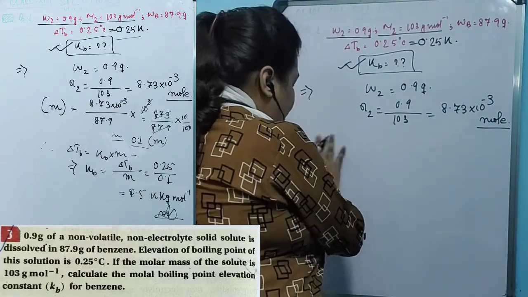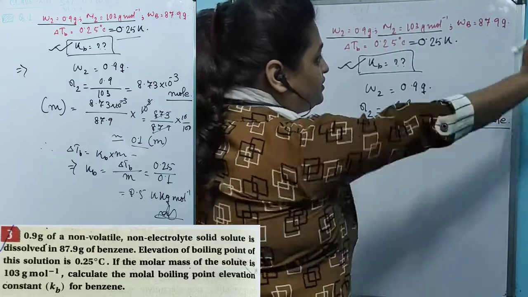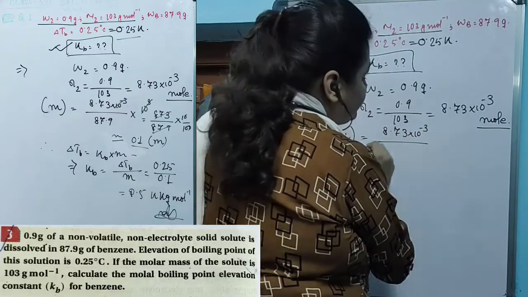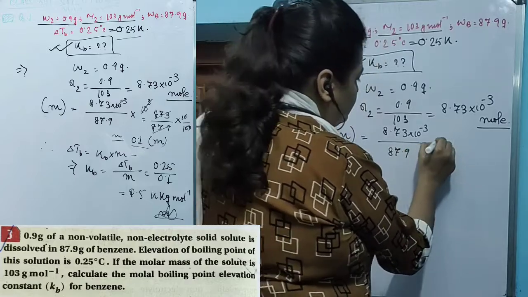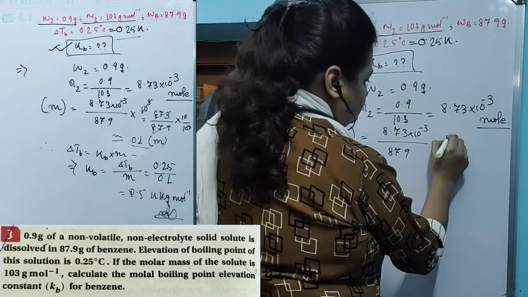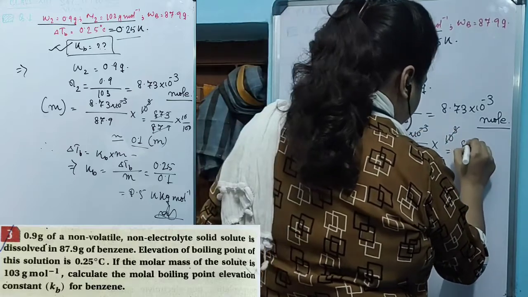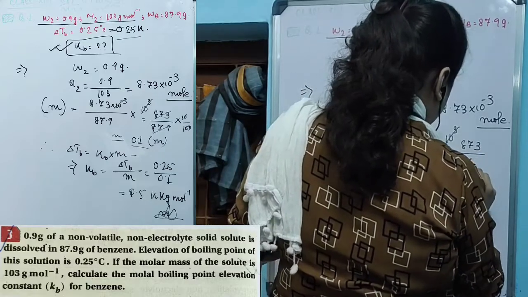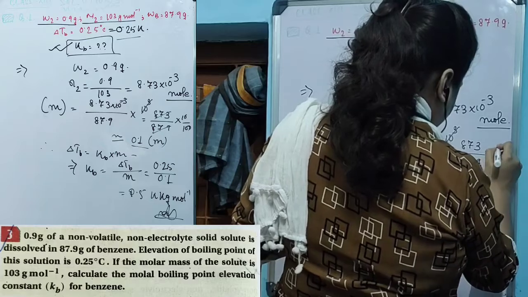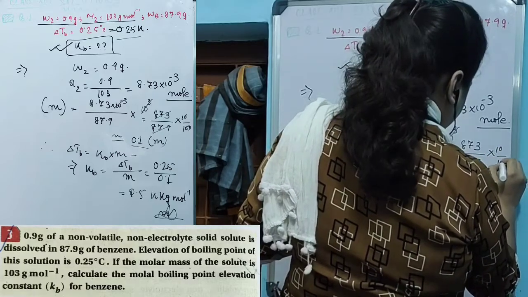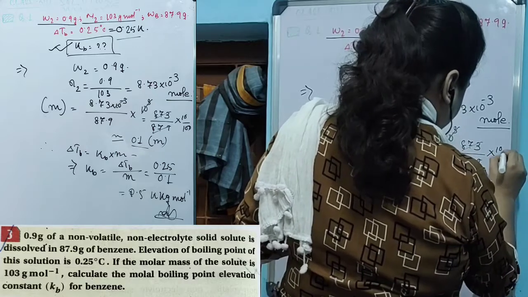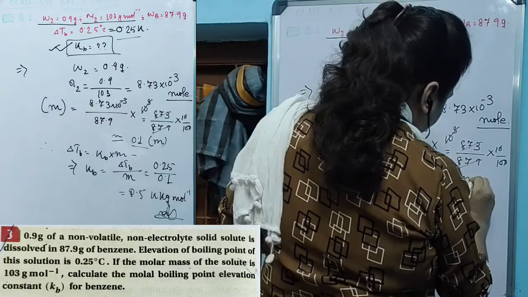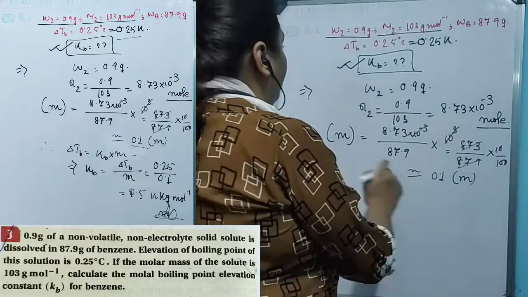Therefore, the molality of the solution we can find as 8.73 into 10 to the power minus 3 by 87.9 gram multiplied by 1000. Molar, this is the molality of the solution.